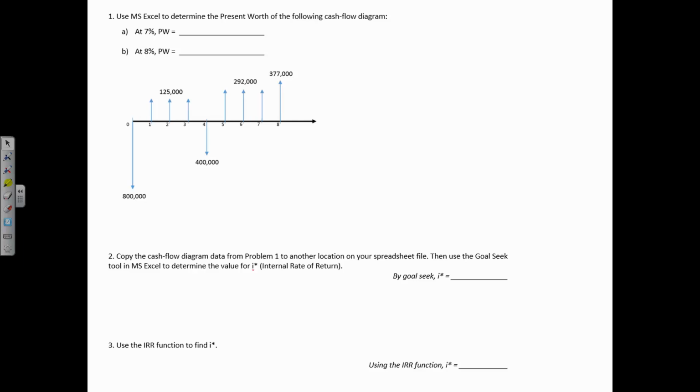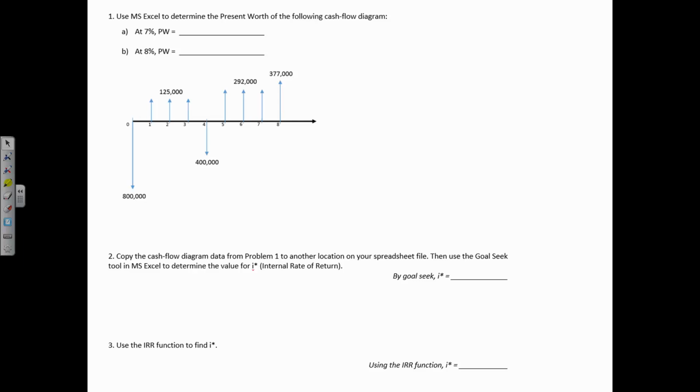So we have a cash flow diagram, and what you're going to do is set up your spreadsheet similar to what I did in the demo, like with the truck. You won't have to go 66 periods. So find the present worth at 7%, at 8%, and then copy your table.